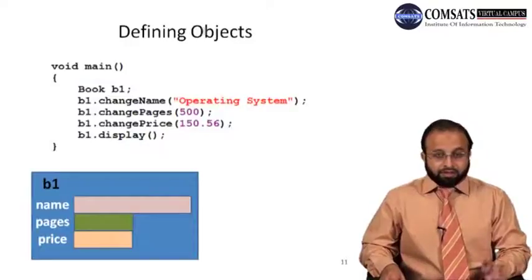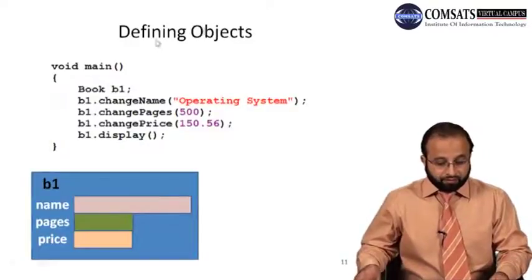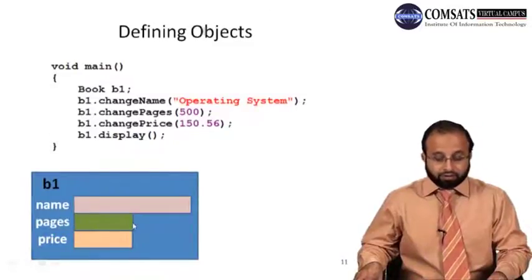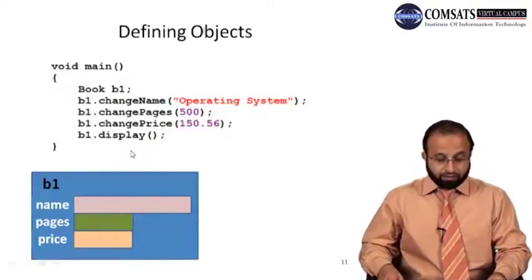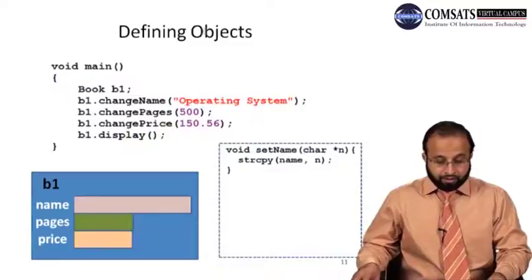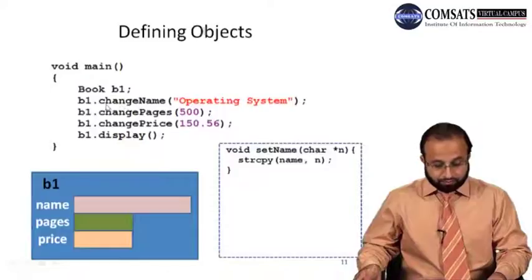So let's see step by step what happens. When the first line is executed, book B1 semicolon, the memory is allocated for that object. It has the three data members: a string, space for the pages, and space for the price. Then when the next line is executed, B1 dot change name, so this is actually the set name. So the set name function is executed.